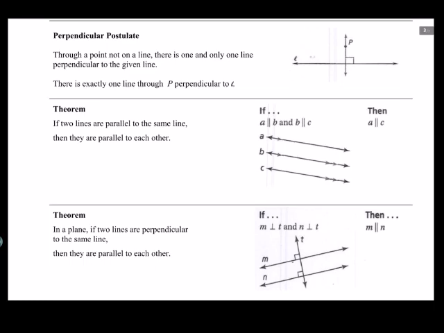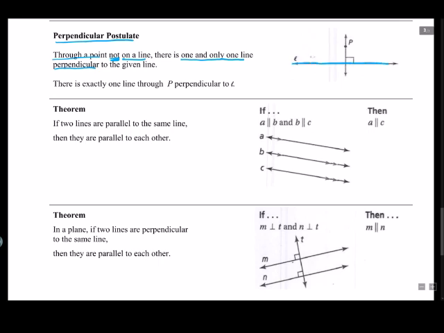Some additional postulates and theorems that we need along the way here. The perpendicular postulate, this is basically like our parallel postulate, says through a point not on a line, there is one and only one line perpendicular to our given line.